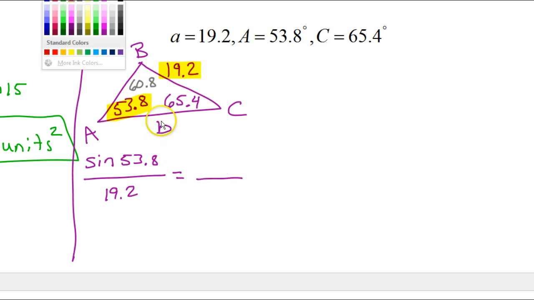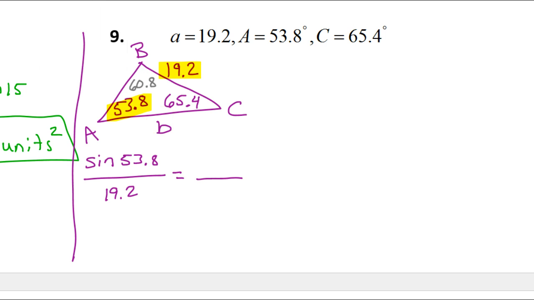So of course, since my whole goal is to find side B, then wait a minute, that's not a highlighter pen. So I definitely need to use side B and therefore angle B. So the sine of 60.8 over B should be equal to what we started out with.